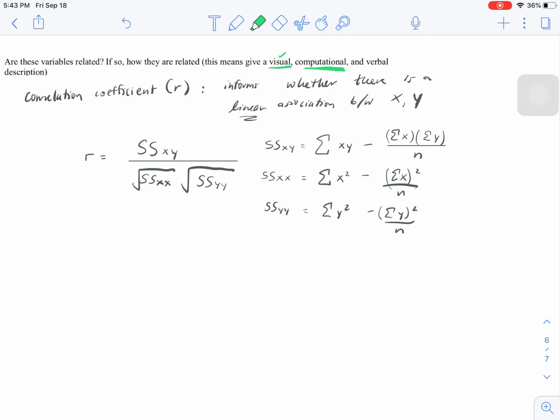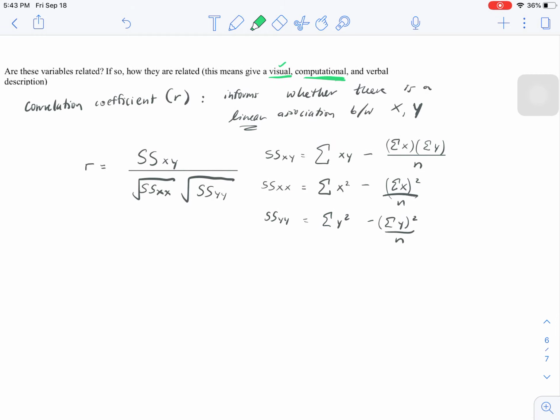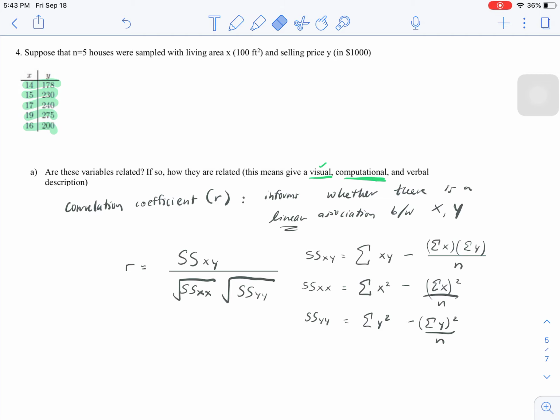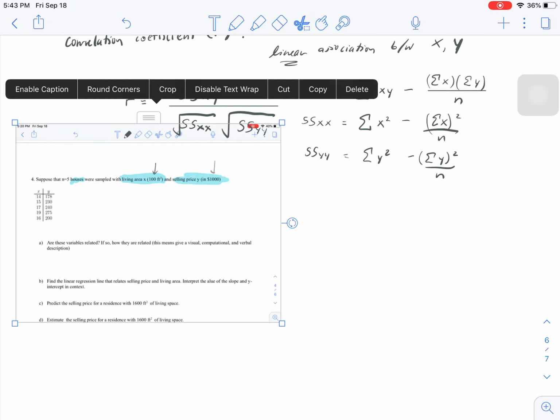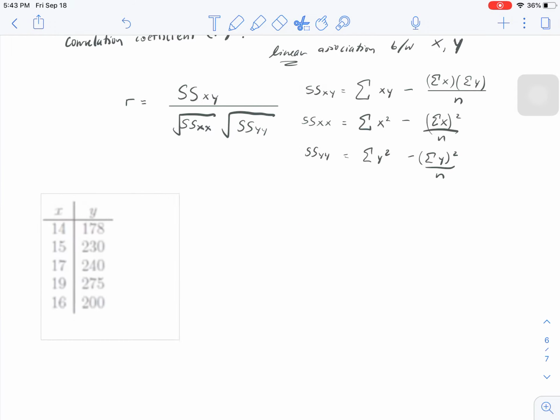Now, one way to keep organized that I find really helpful when we're working with all these different kinds of quantities is to make a nice table. So all I'm going to do is take my original table and just add a few columns to it.